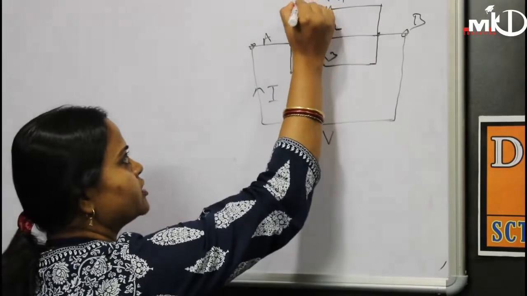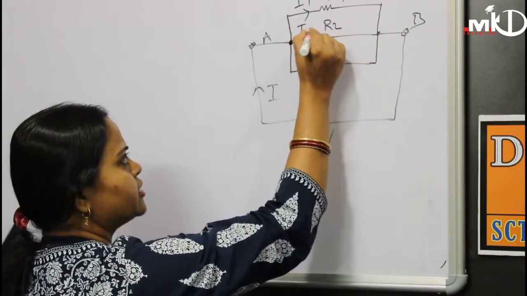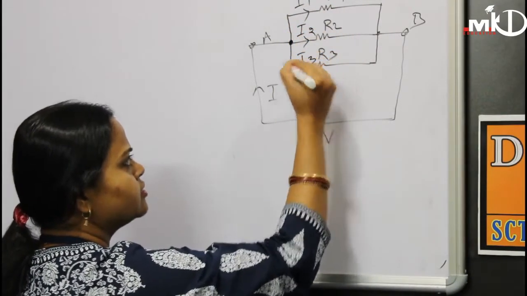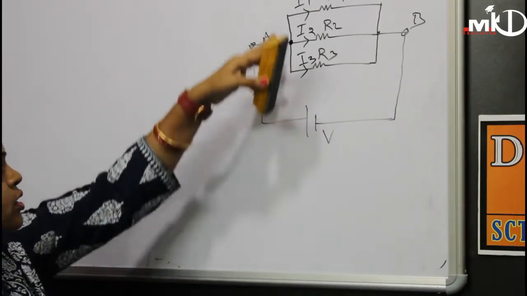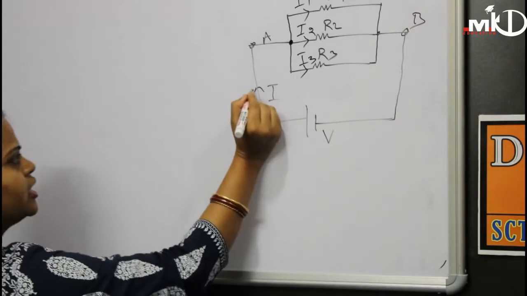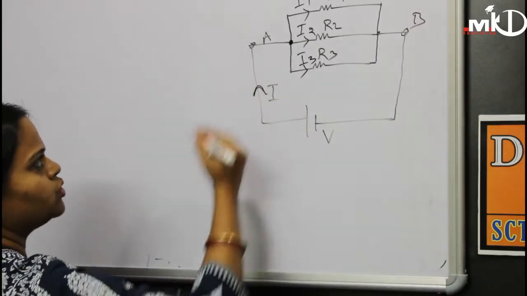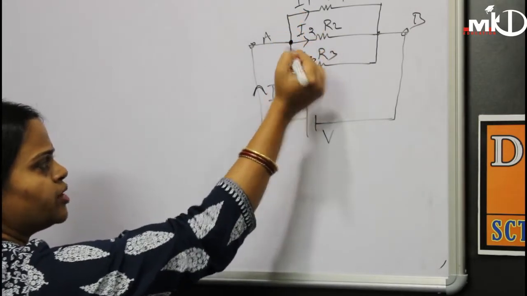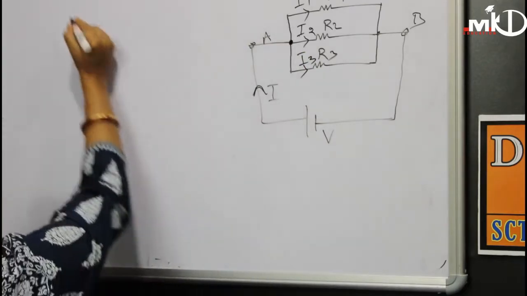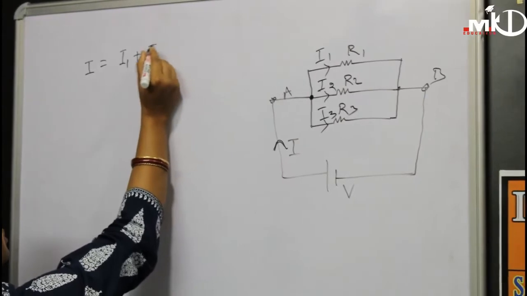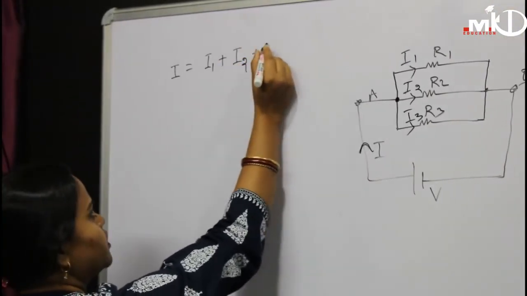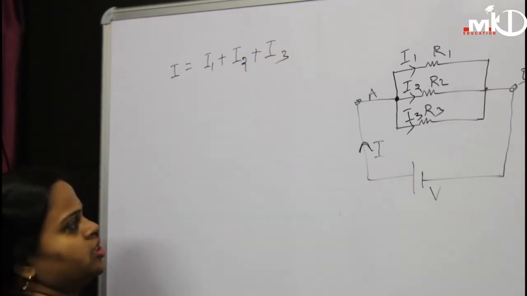Suppose this current is I1, this is I2 and this is I3. So the total current I is equal to I1 plus I2 plus I3.